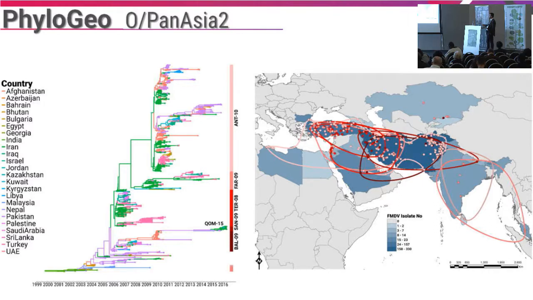The main trunk of the tree starts from the Indian subcontinent, moves to Pakistan, then spreads to Iran, and finally goes to Turkey. So there is a clear westward movement of lineages.